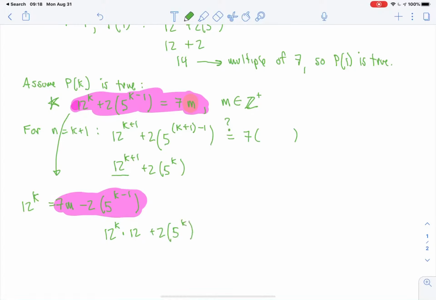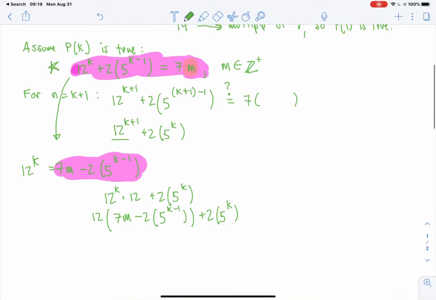And so we can now substitute this other expression. So this becomes 12 times 7m minus 2 times 5 to the k minus 1, and then just bringing along that 2 times 5 to the k.